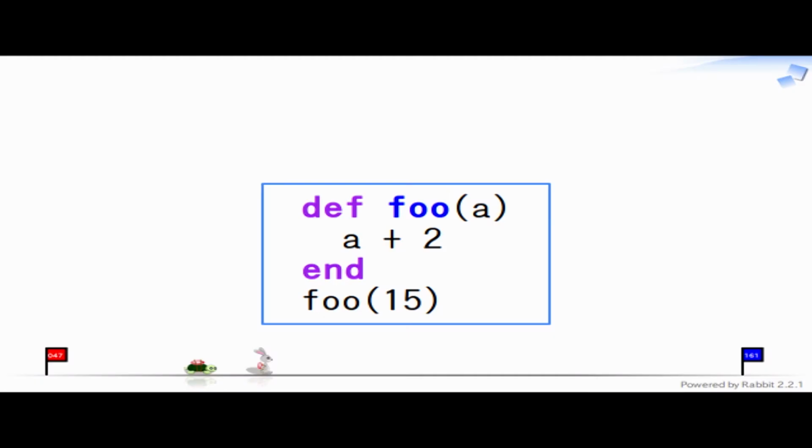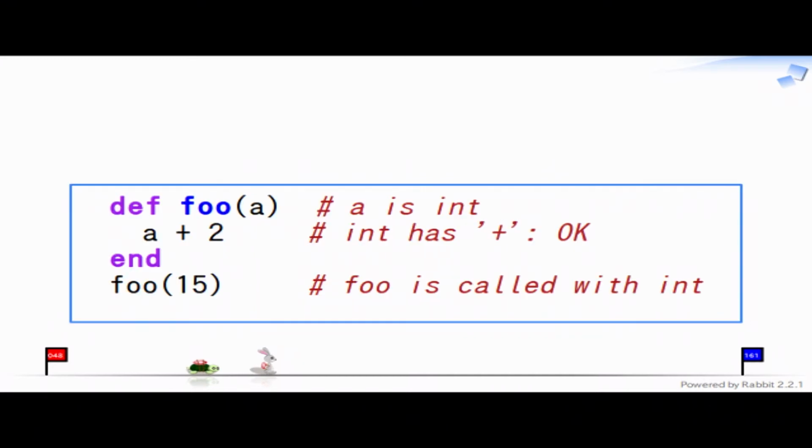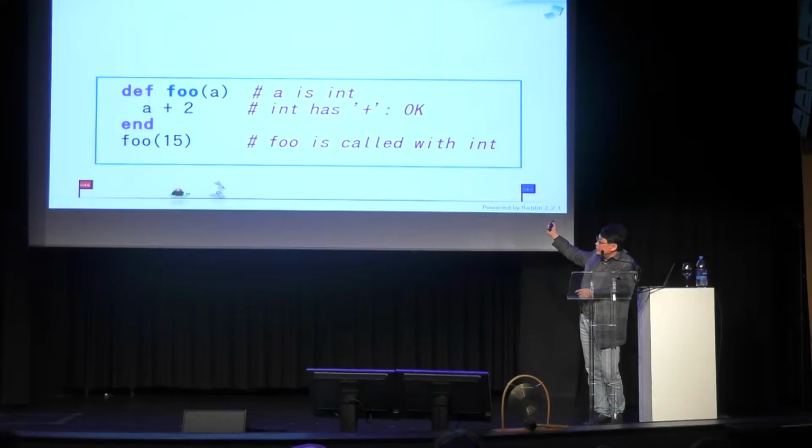For example, this is a very small Ruby program, and you see the method foo is called with the argument 15, which is an integer. That means foo is called with an integer, and the integer has a plus method with an integer argument. So this is okay.